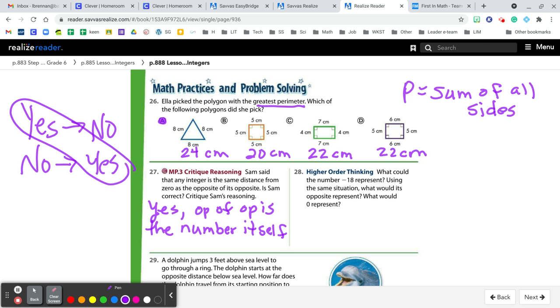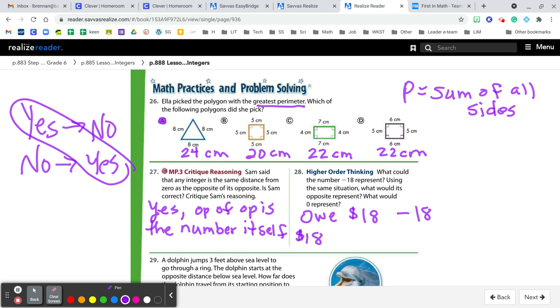And 28, what could the number negative 18 represent? Well, it could represent a lot of things. And what would its opposite represent? What would 0 represent? So negative 18 could be maybe you owe your brother $18. So that would be considered a negative 18. And the opposite of that would be positive 18.